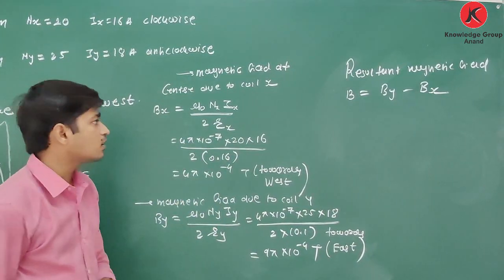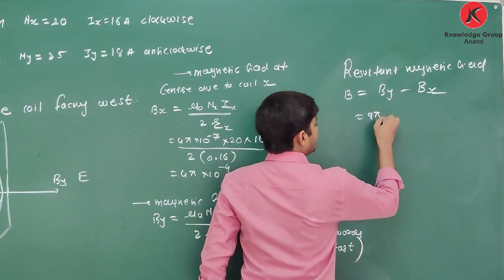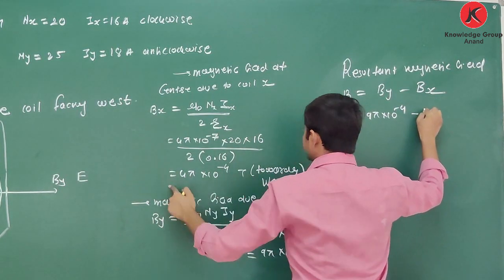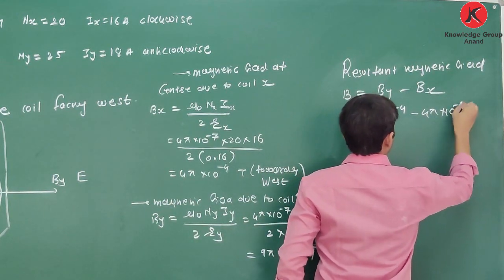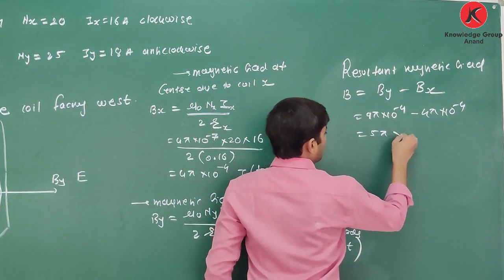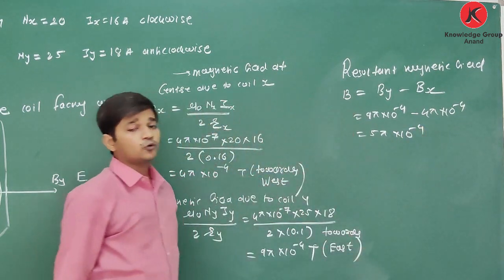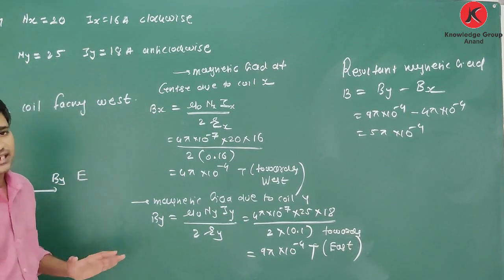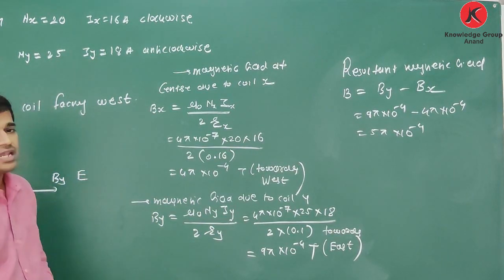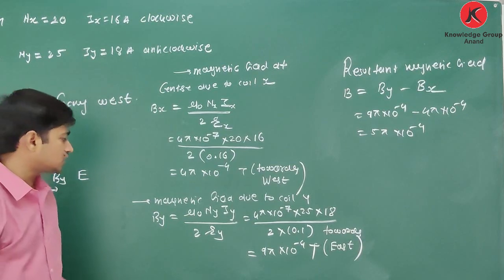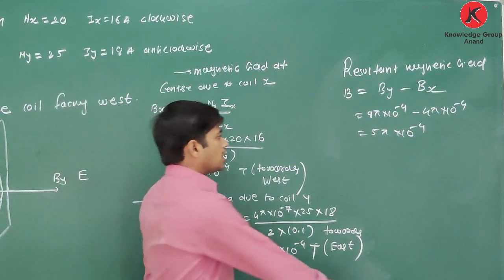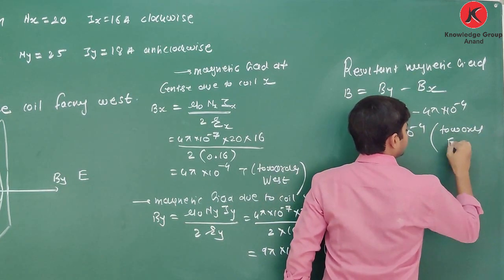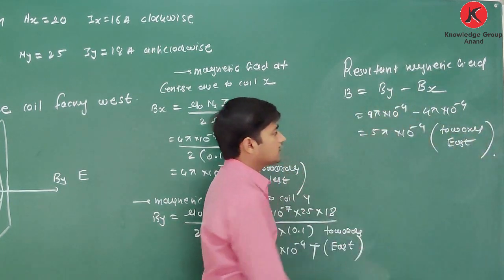So By, 9 pi into 10 raised to minus 4, minus Bx, which is 4 pi into 10 raised to minus 4, is equal to 5 pi into 10 raised to minus 4. Now what is the direction? As By is greater than Bx, resultant direction is also towards east. So this resultant magnetic field is towards east. Clear about this?